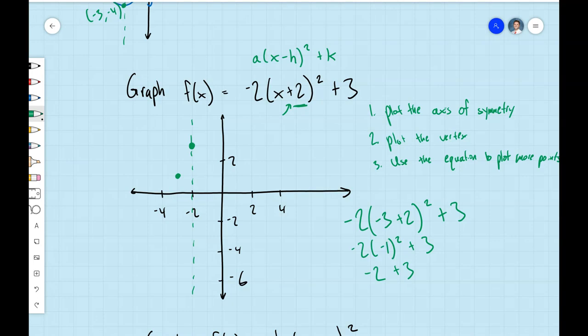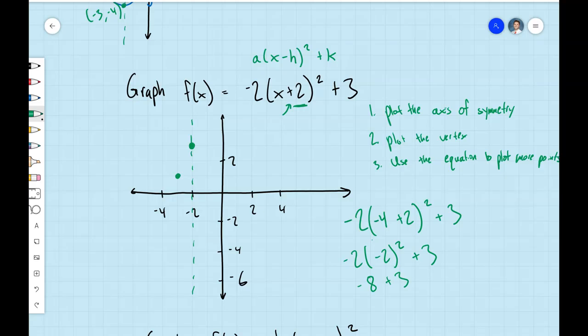Then we can graph another one, so let's solve when x is negative 4. When x is negative 4, we have negative 2 times negative 2 squared plus 3. And we know that negative 2 squared would be 4. Negative 2 times 4 is negative 8, and then negative 8 plus 3 is negative 5.